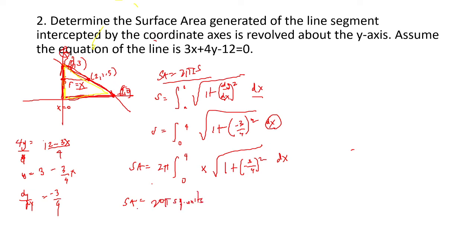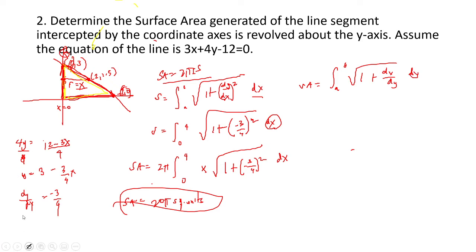Okay. Sir, what if I will use this one? Surface area is equal to integral from A to B, square root of 1 plus dx over dy. Okay, no problem. Sige. So, let's change this equation here.